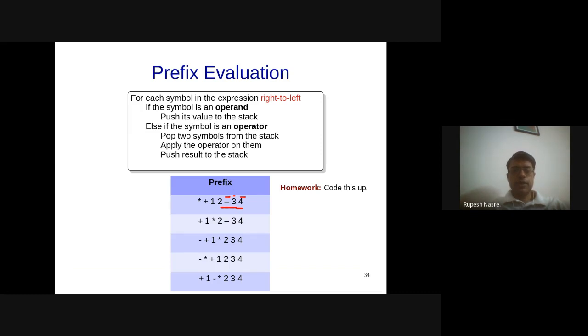We should be evaluating 3 minus 4, right? As Naimisha says, we should be evaluating 3 minus 4, and that value gets pushed back into the stack.